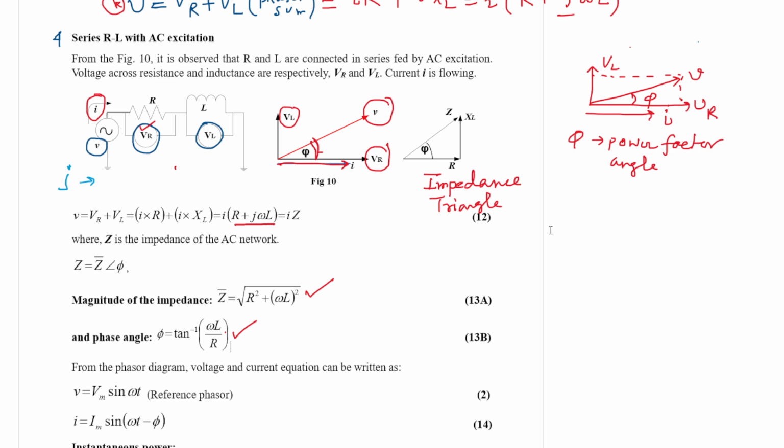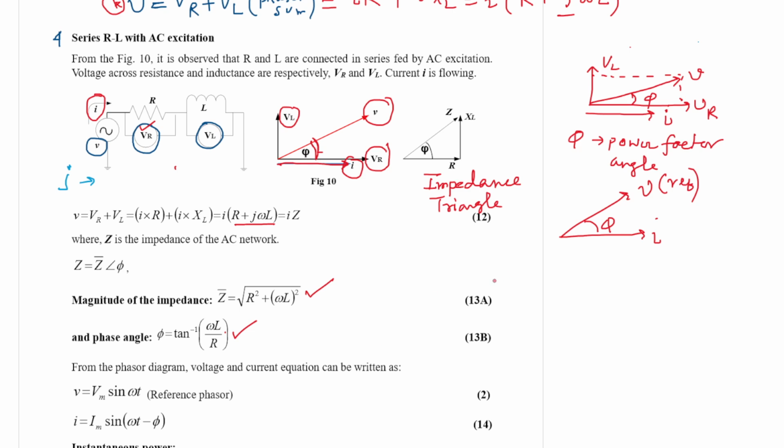Now please consider, for the time being, we started by assuming that current is my reference phasor. That's all right. But we have ended up with this being the current, this the supply voltage, and this angle is phi. Now let us consider the supply voltage is the reference, then current is not the reference.